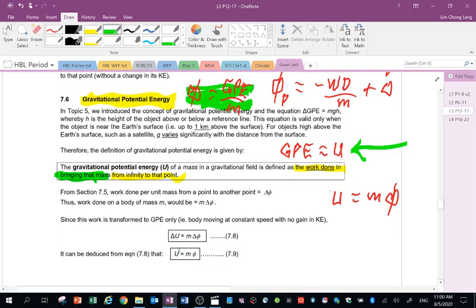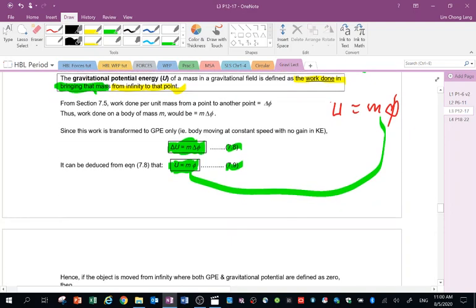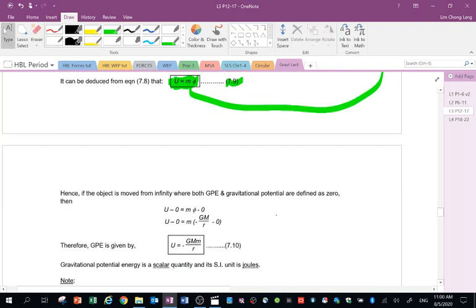So you have to memorize this equation, 7.9, which is essentially this one. And then, of course, any change in the potential will cause a change in the gravitational potential energy. So you have to memorize 7.8, 7.9, and just now 7.7. So as you bring the body from infinity to that point, there is a change in potential, so there's a change in potential energy.